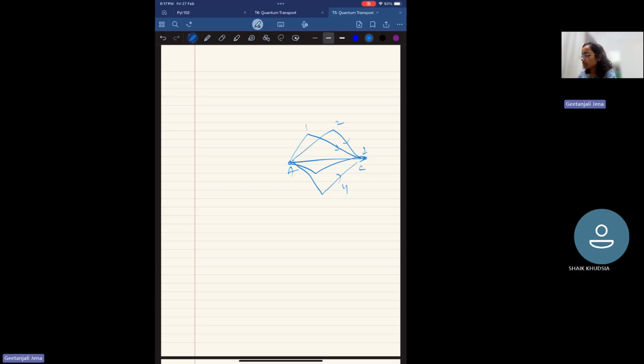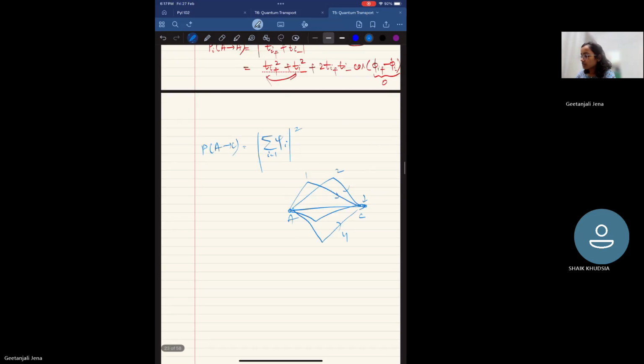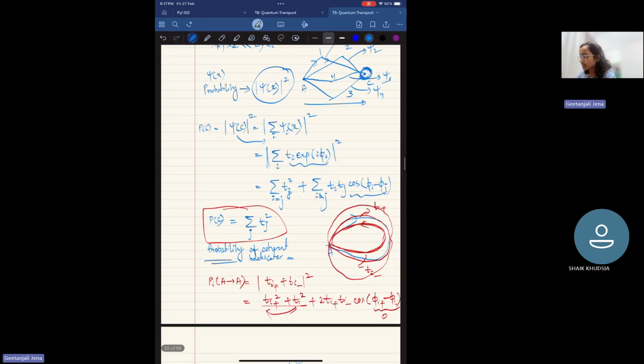And we find that the probability from A to C is nothing but the mod square of the wave function. So what is the wave function here? The wave function would be the summation of psi i from 1 to however many paths there are. This is mod square. We have already seen this, and we have calculated it here also.